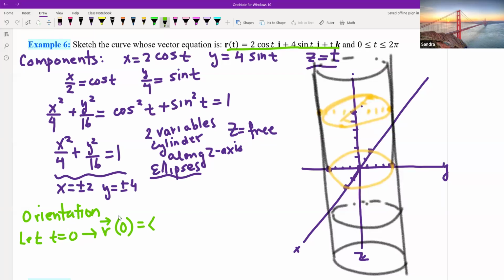And 1 times 2 is 2. And sine of 0 is 0. And t is 0. So then I get 2, 0, 0, which happens to be basically the point 2, 0, 0 on your cylinder, which is this point right here.